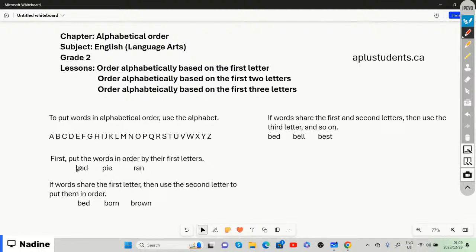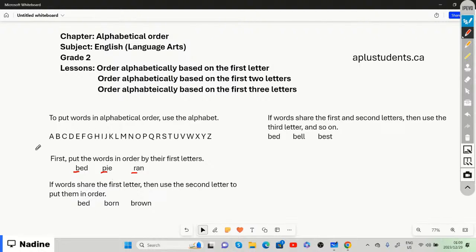So the first letter of bed is with a B. And then we have pie, right? And the first letter of pie starts with a P. And then we have ran, and the first letter of ran starts with an R.